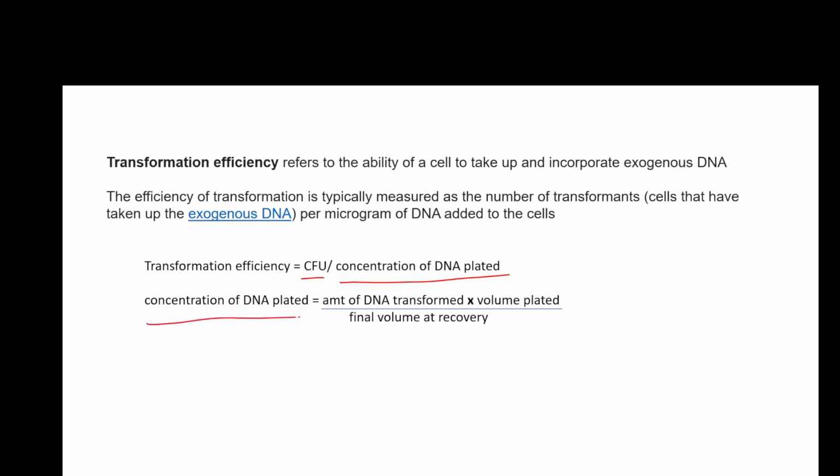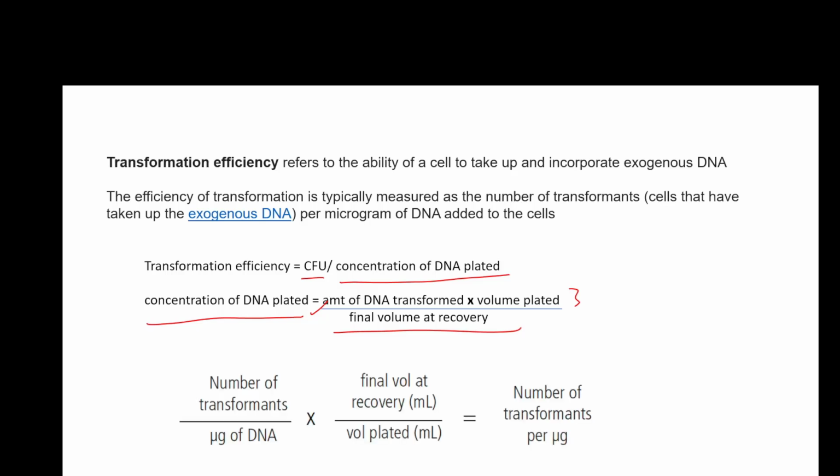So you need to know the amount of DNA used for transformation, how much volume you actually plated, and the recovery volume you have given. As I mentioned earlier, you add some media so that recovery of the cells can happen after the heat shock and cold shock. So the ultimate formula is: number of transformants times final volume at the time of recovery, divided by micrograms of DNA times volume plated.